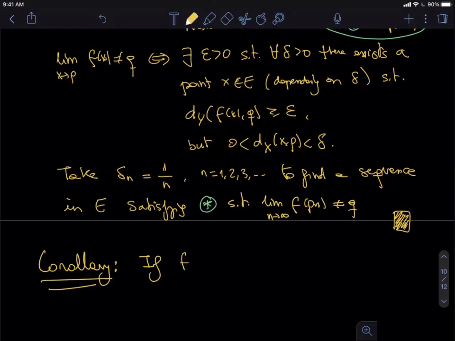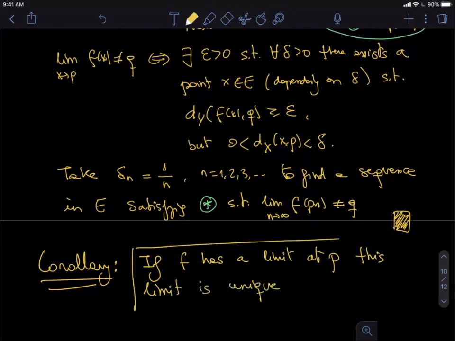If f has a limit at p, this limit is unique. Again, this follows because the limit of a function is equivalent to a limit of a sequence, and the limit of sequences is unique.